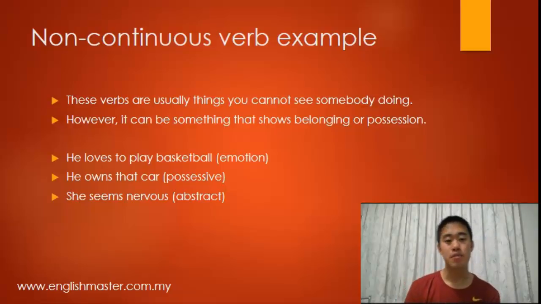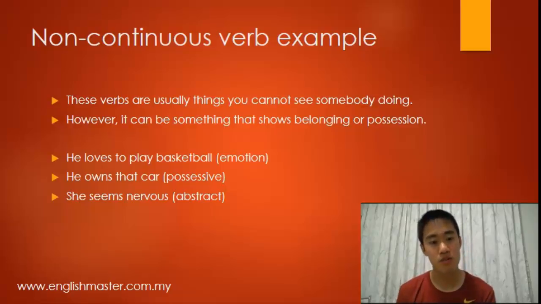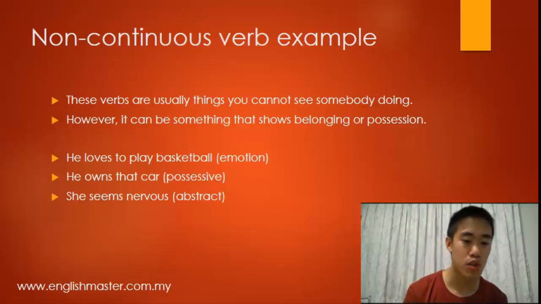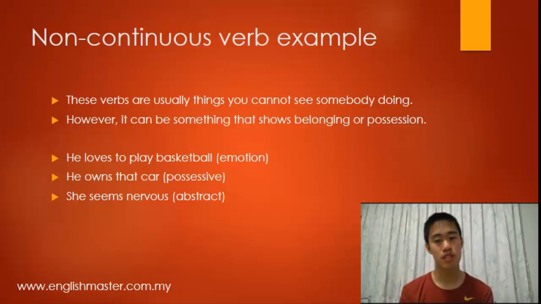I may or may not be able to see that he owns that car, but maybe he has the title on a piece of paper for that car. So that's 2 examples of non-continuous verbs, okay? Can be used to show something that belongs to someone. Okay, there's also an abstract form of that. She seems nervous, okay?